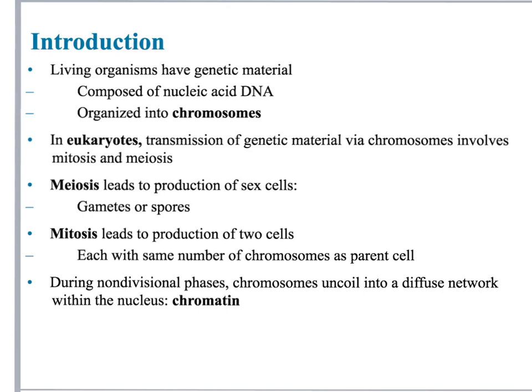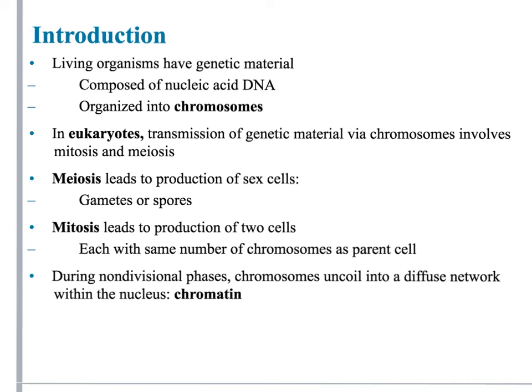Meiosis is the production of the sex cells, which are the gametes or spores, and mitosis leads to the production of two cells, each with the same number of chromosomes as the parent cell. There are divisional phases where the cells divide, but also non-divisional phases. During those phases, chromosomes uncoil into a pretty scattered network within the nucleus, and they're called chromatin at that point.